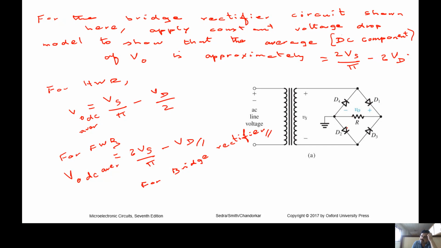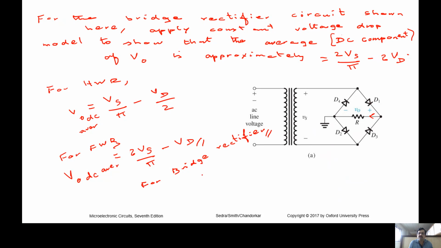Now in the other half, I should not say forward bias or reverse bias because two diodes are always under forward bias and two diodes are always under reverse bias. So in the negative half cycle, here it will be positive, so the current will flow through D3, then through R, then D4, and then goes here. The output is always taken across this resistance R and the unipolar current is generated like this.